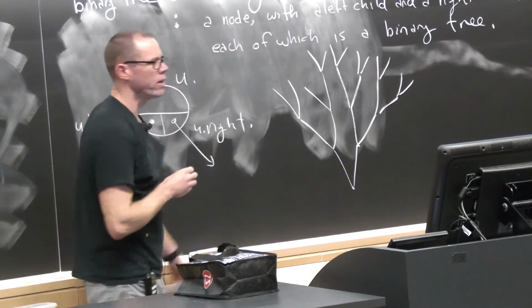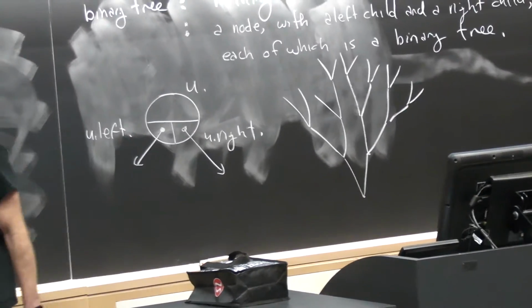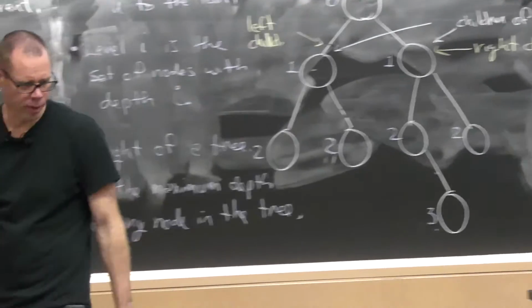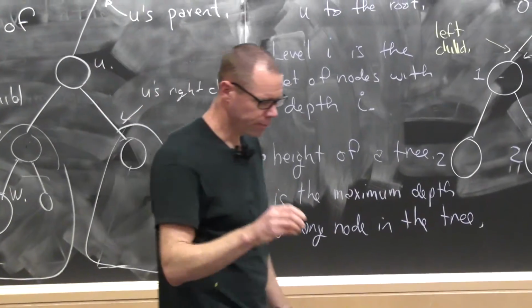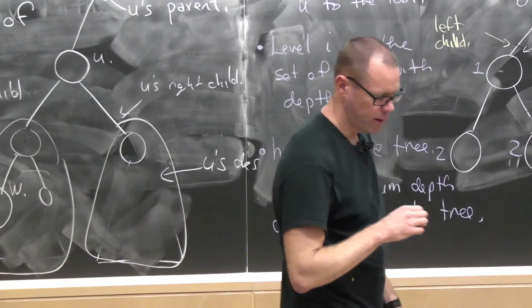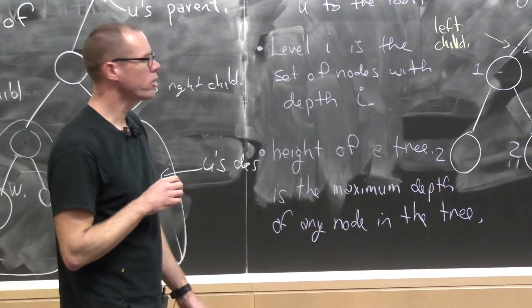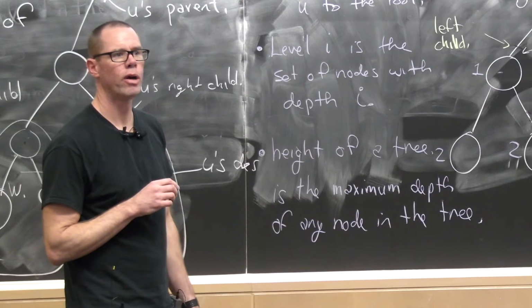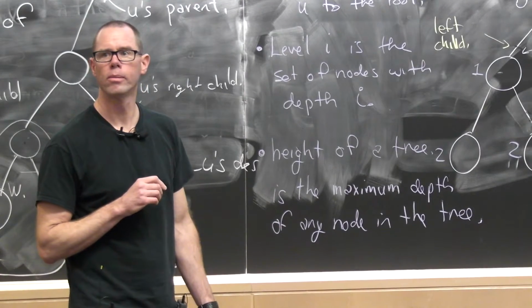That's still a binary tree that looks more like a tree if I draw it in a more careful way. So that's why we call them trees. Okay. Any questions so far? So far it's all just definitions.